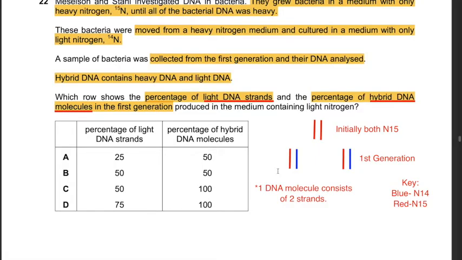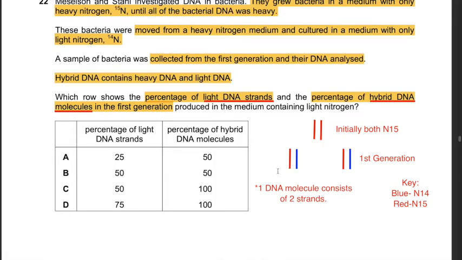What do you mean by hybrid DNA? It contains a strand of heavy DNA and a strand of light DNA. That is, one strand belongs to N14 and one strand belongs to N15. Therefore, as you can see towards the right, I have drawn over here the initial stage and after the first generation, how the process looks. After the first generation, there would be 2 DNA molecules, and those 2 DNA molecules would be hybrid.